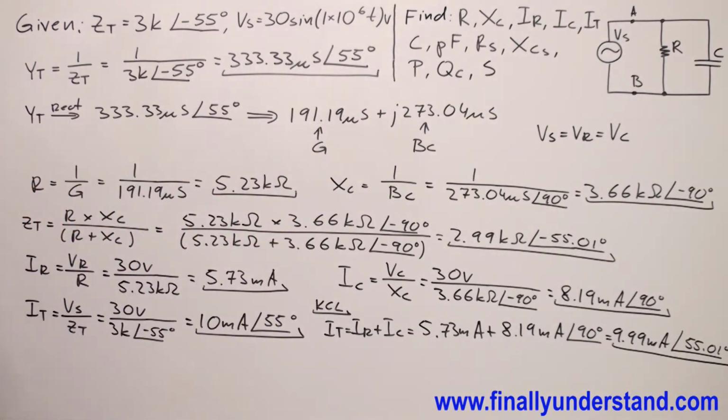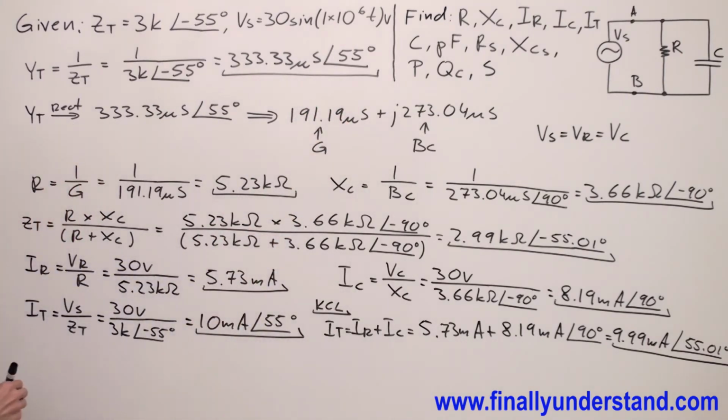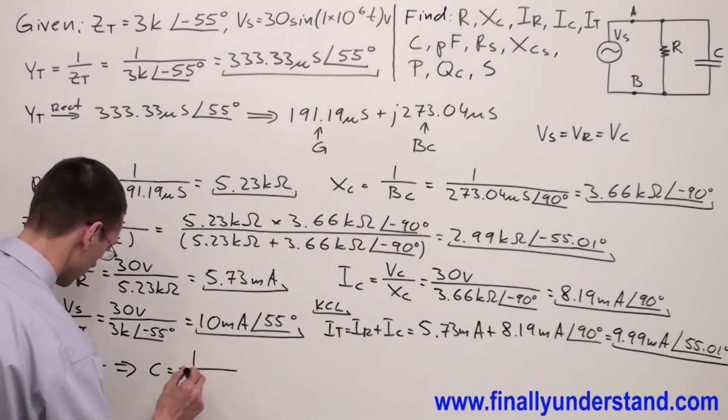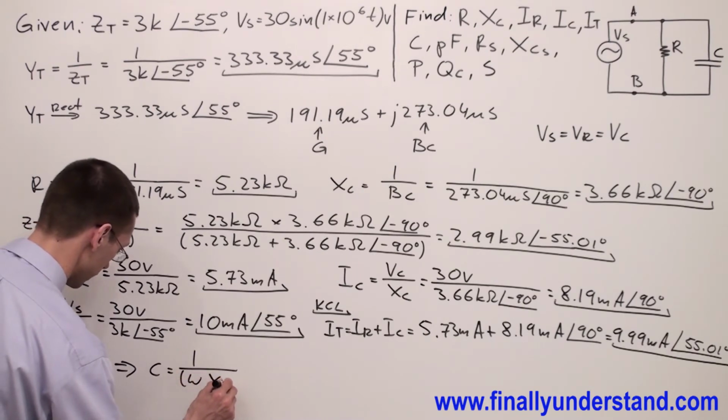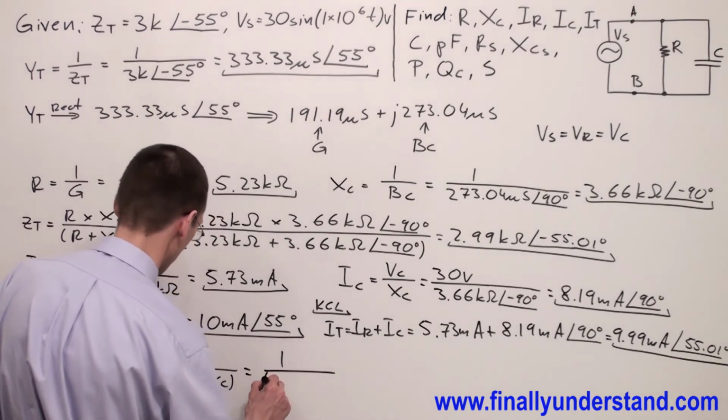Next, I can find the capacitance. In order to find the capacitance, I'm going to use the formula for the capacitive reactance. XC is equal to 1 over omega C. You're supposed to solve this formula for C. So you have C equals 1 over omega XC, which is equal to 1 divided by omega.